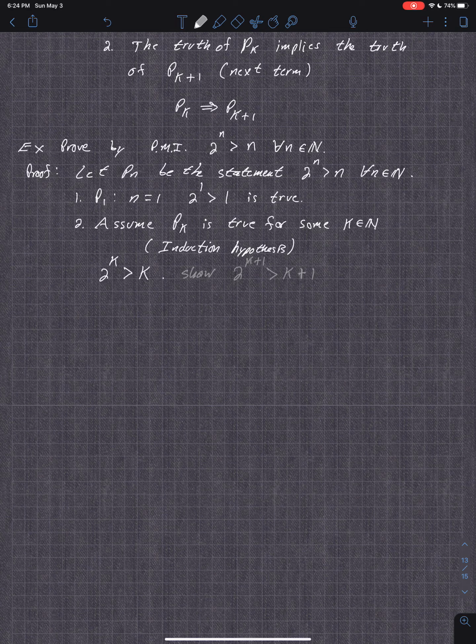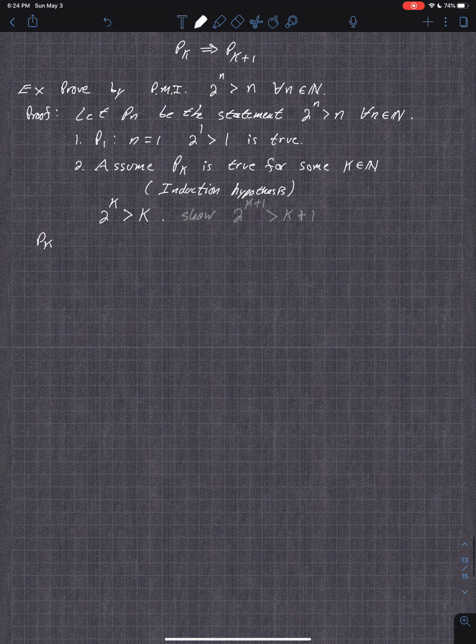All right, so we start with P sub k. So here's a little outline here. And your P sub k is 2 to the k is greater than k. Then you do some steps to simplify it. What we want to get to is down here, P sub k plus 1.